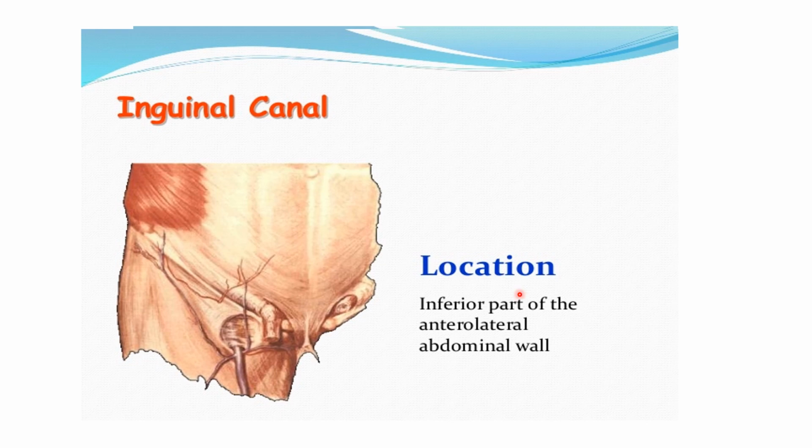So the location of the inguinal canal is the inferior part of the anterior lateral abdominal wall, just above the medial half of the inguinal ligament. This is the inguinal ligament, this is all your groin, and the inguinal canal is situated just in the inferior part of the anterior lateral abdominal wall, above the medial half of the inguinal ligament.